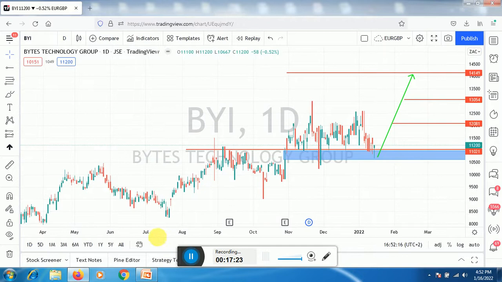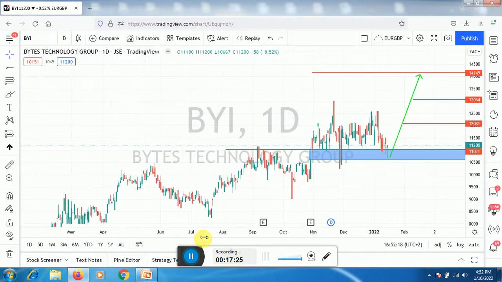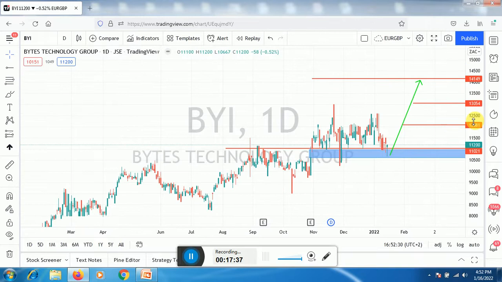If Adapt IT delists, it's going to create a lot of liquidity around the technology space there on the JSE. So a couple of funds may come to other technology companies like this one, BYTES.